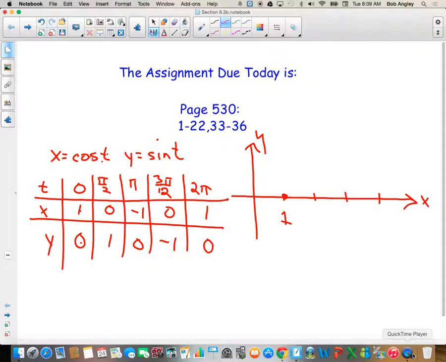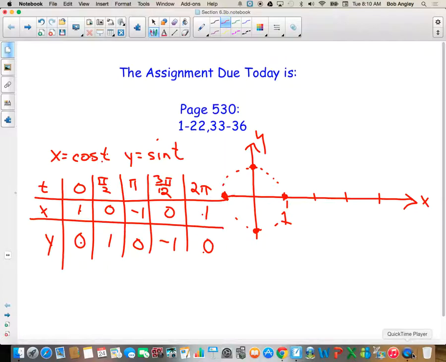And then this one I'm going to get the point 0, 1. On this one I'm going to get the point -1, 0. On this one I'm going to get 0, -1, and then I'm going to be back to the same place here. Now, do you get the idea that we could very well be going around in a circle if we had other values in there? And that's what is actually happening in that problem.